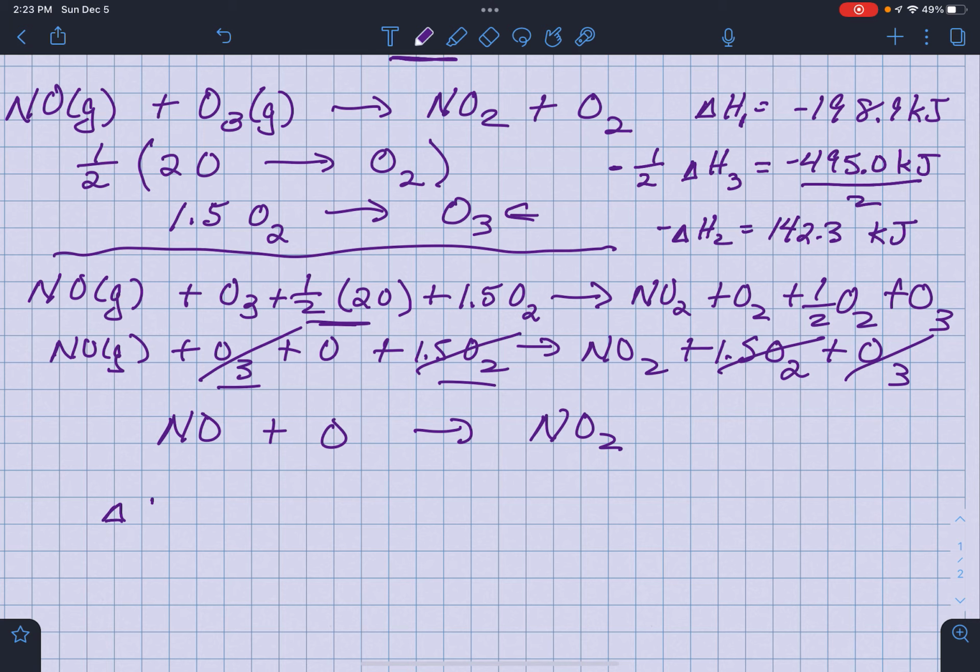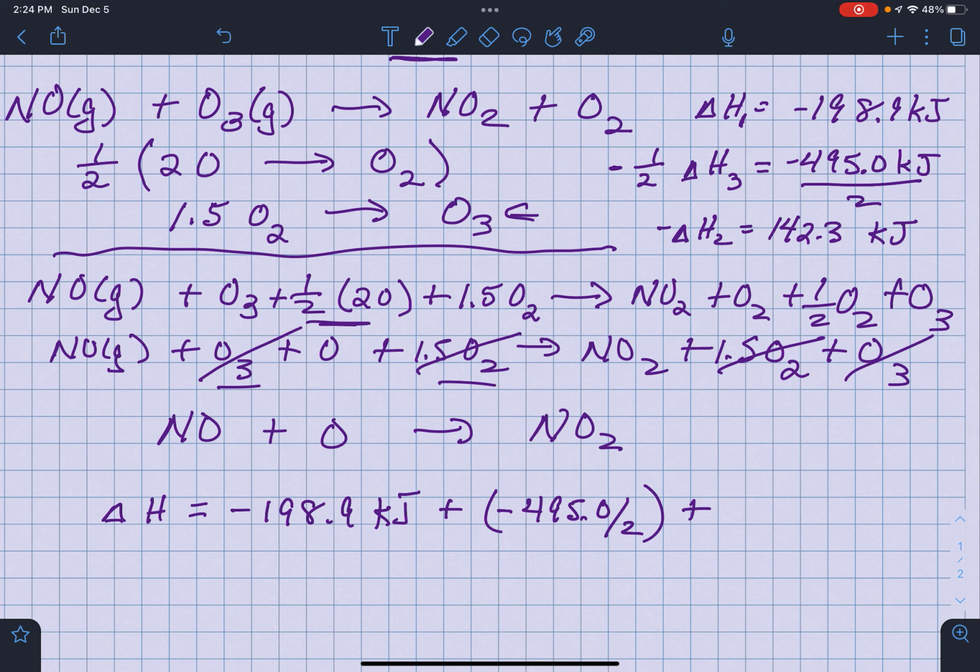All right, so now we can go ahead and get the overall by adding those together. So delta H for the overall reaction is going to be negative 198.9 plus negative 495.0 over 2, which is 247.5, plus 142.3.